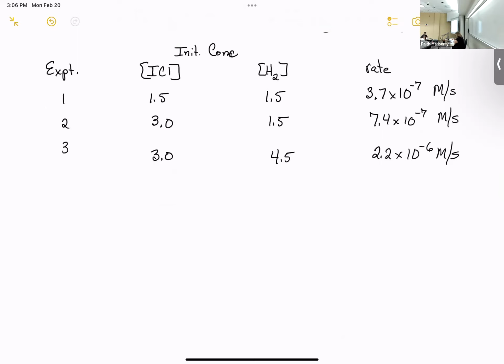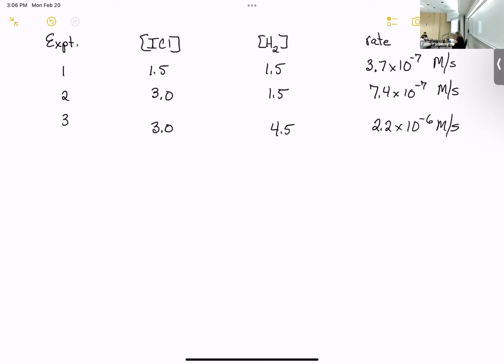The rate for experiment 1 is equal to the rate constant times the ICl concentration for experiment 1 raised to its order, times the hydrogen concentration for experiment 1 raised to its order.